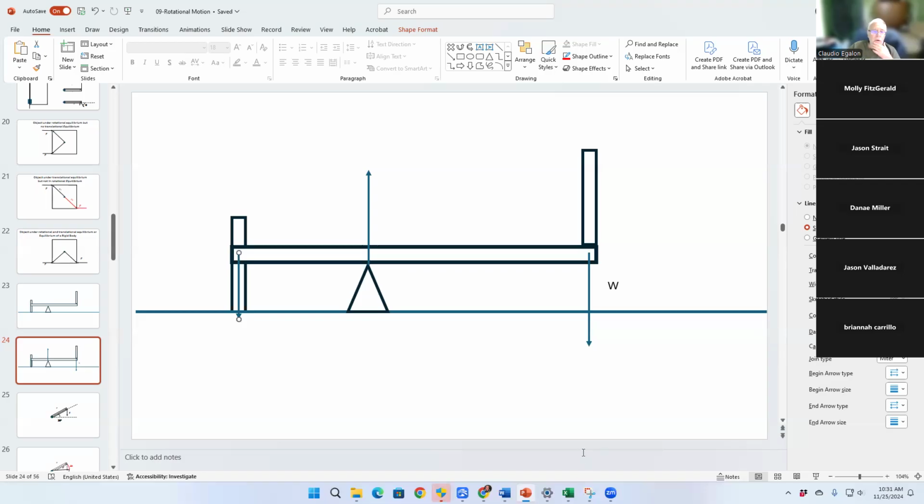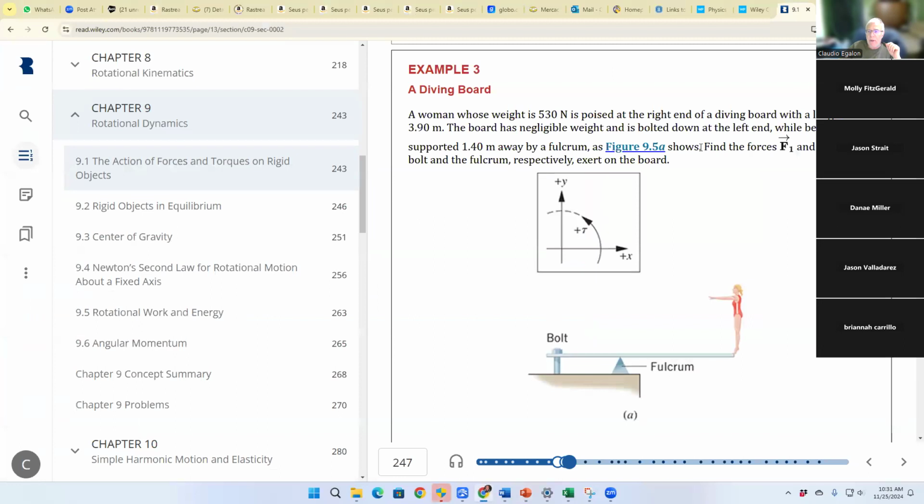So that's our free body diagram. Three forces. The weight of the board is not showing here because the enunciate told us that the mass of the board is negligible. And going back here, he's asking, find the force F1 that the bolt and the fulcrum respectively exert on the board, okay?